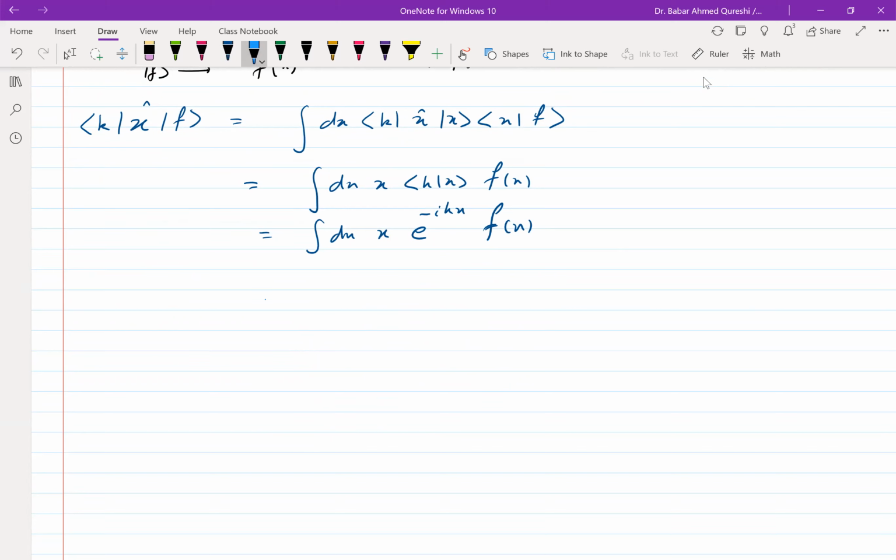Now, I want to get this x. This I know is related to f tilde of k, if this x was not there. Well, I can write this as a derivative, and acting on f of x, this gives me exactly this.